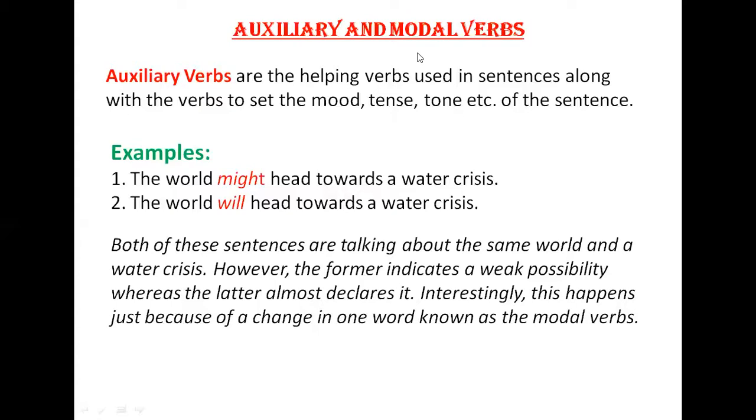He very surely declares that it's going to take place. So in this way, might and will help the main verb to make its meaning more clear. Interestingly, this happens just because of a change in one word, known as modal verbs. So these two words are called modal verbs.